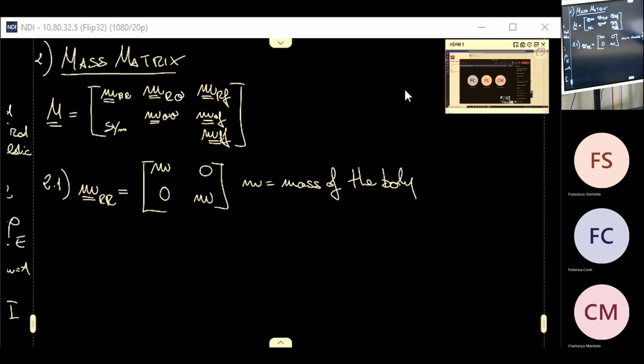The idea here is also to see the features of this submatrix in terms of its relationship with respect to the rigid and the flexible coordinates. So in this case, you can say that this is a constant.